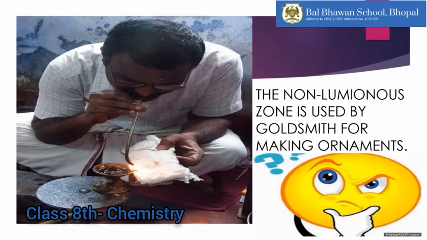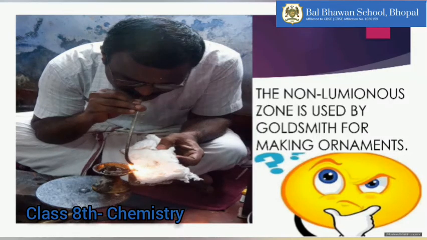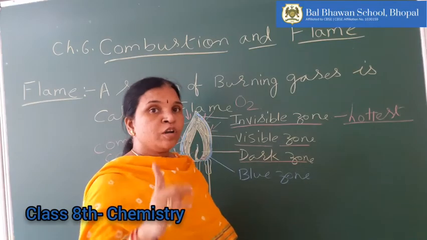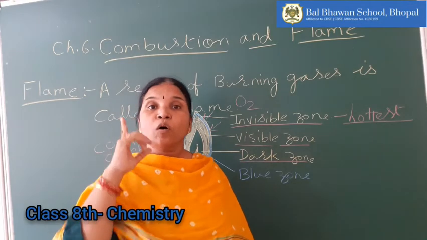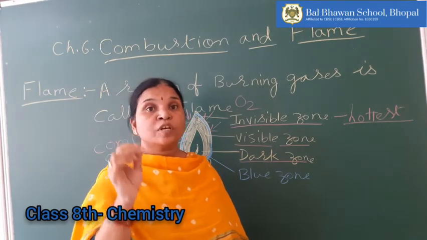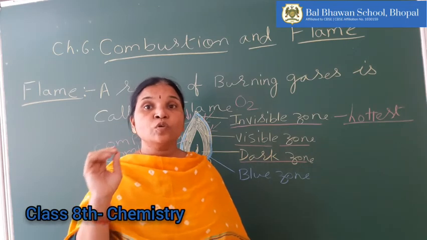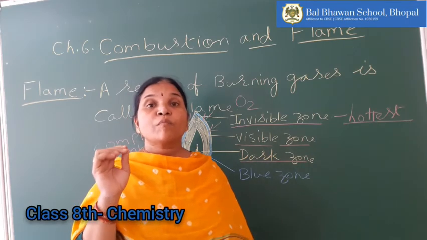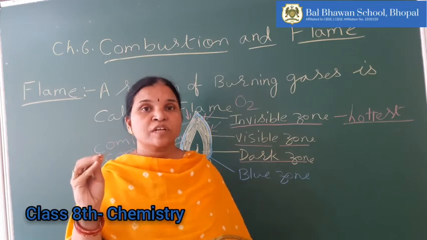Children, do you know why this non-luminous zone is used by goldsmiths? Let us find out. The non-luminous zone is the hottest zone, and this zone is used by goldsmiths for melting gold or silver.